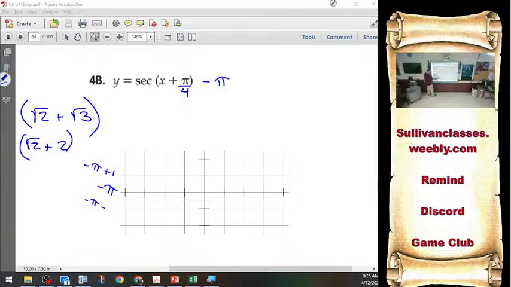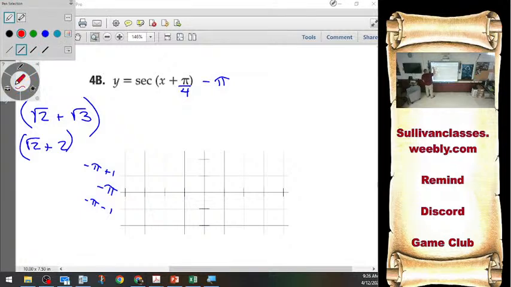Negative pi minus 1? They can't be combined. They're not like terms. But that is the correct way to write it because that is the simplified expression for that value. I throw that at you as a curveball because we're going to see something similar when we do our arc functions tomorrow. Okay.